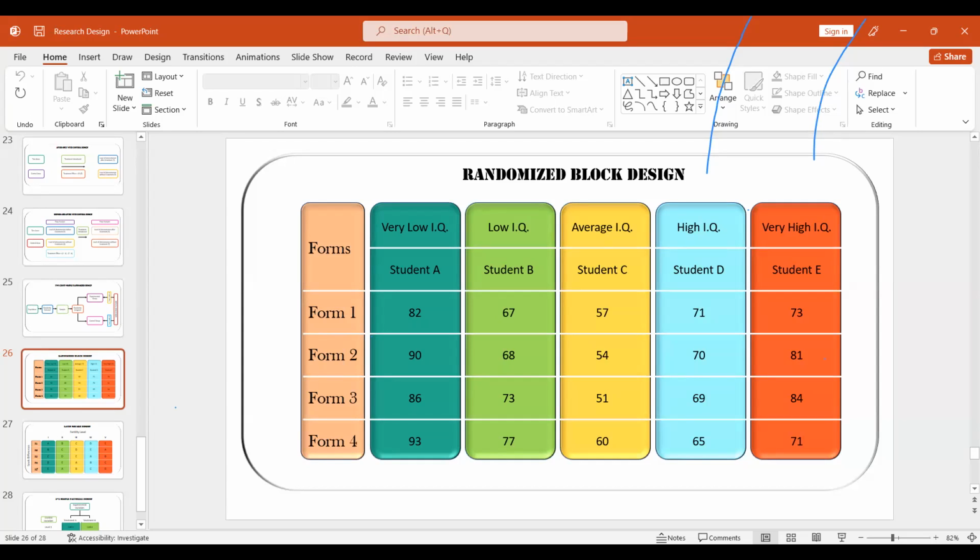So if we have like 82 subjects in very low IQ, 67 subjects in low IQ, 57 average, high IQ 71 and 73. So these are, you may say, 5 conditions.